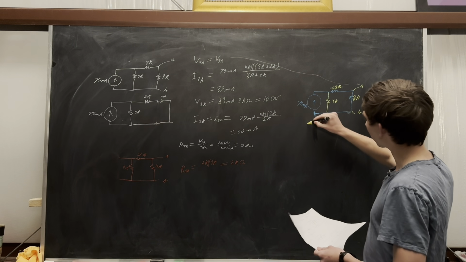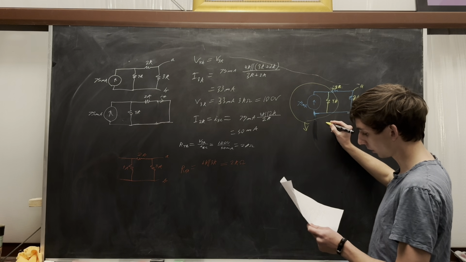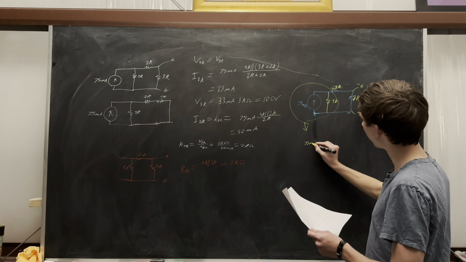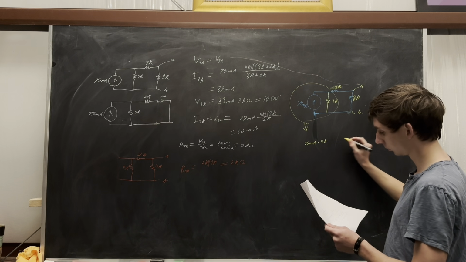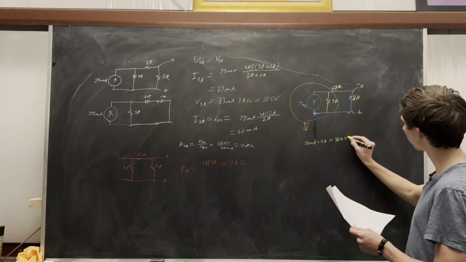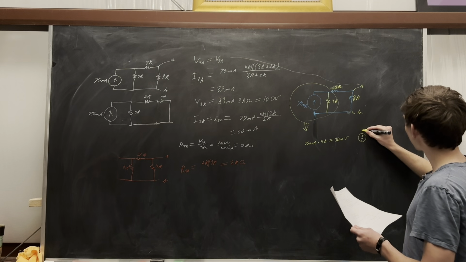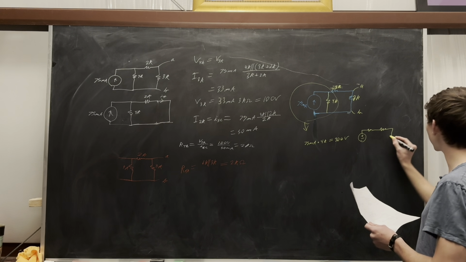And so we can do a source transformation on this. Turn that into 75 milliamps times 4 kilo ohms, which is 300 volts. Put the 4 kilo ohm in series with that, and just redraw the rest of the circuit.